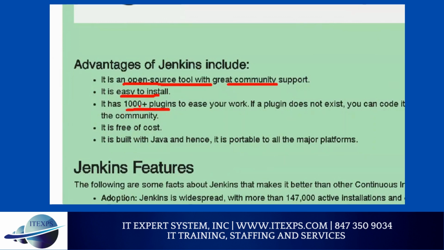But if you really look right now, it might be 3,000. Every day, new plugins are coming. You won't believe it. It's free, and that's the biggest driver, because everyone likes free. It is built with Java, hence it's portable. It works for all cloud providers. It works on Windows as well as Linux. So far, so good. Awesome.